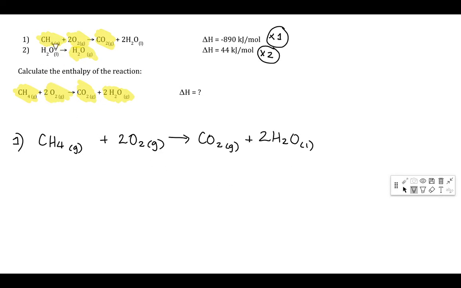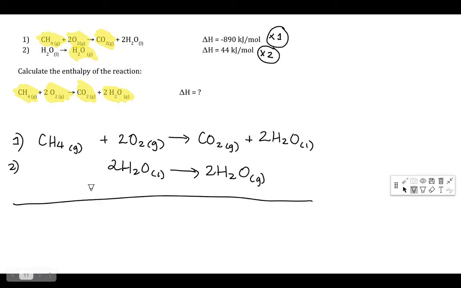For my second one, I said that I would multiply it by 2. And when I'm multiplying it by 2, I want the coefficients to be multiplied by 2. They both have a coefficient of 1. So when I write that over, equation number 2 is going to have 2H2O liquid gives you 2H2O gas.